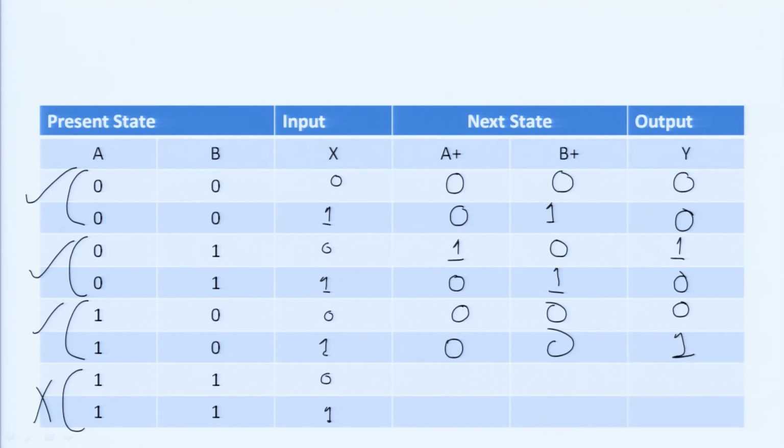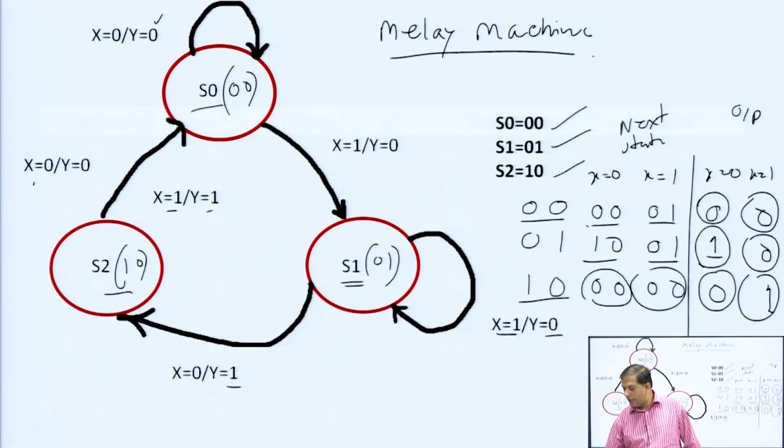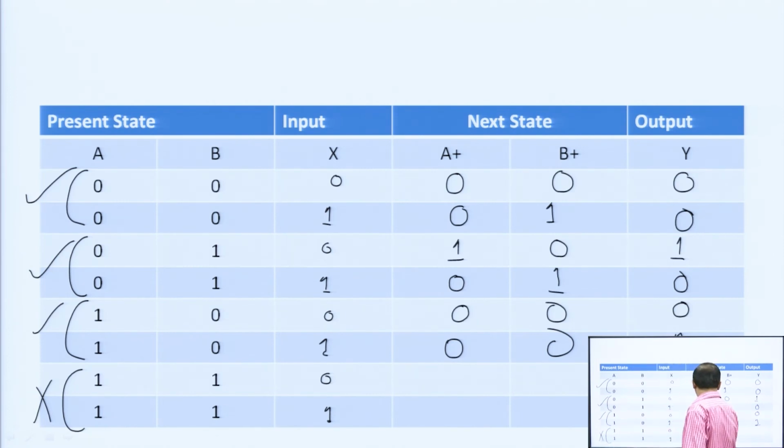So, up to this it is clear, whatever states are given we have drawn the state table for that, but this 1 1 state is not written here, 1 1 is not there. So, here we will put the do not care conditions.